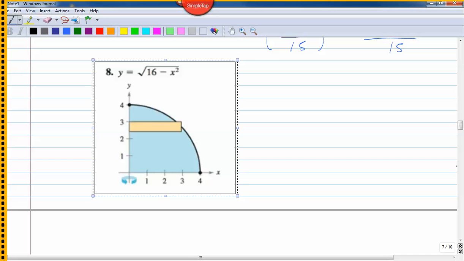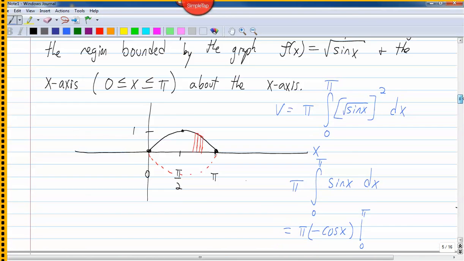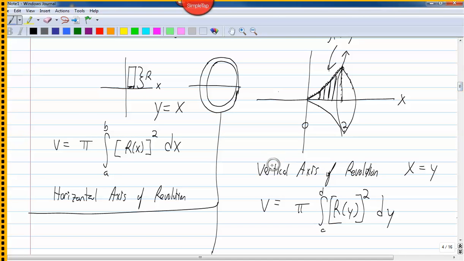And so if we revolve about the y with the disk method, then we have a vertical axis of revolution. And with a vertical axis of revolution, we want to set up our equation x equals.